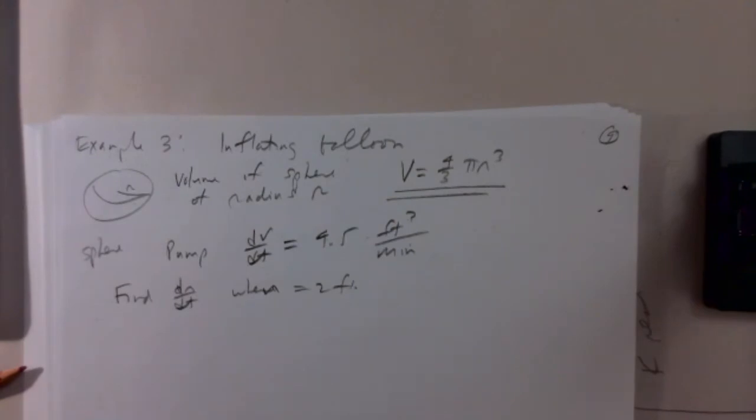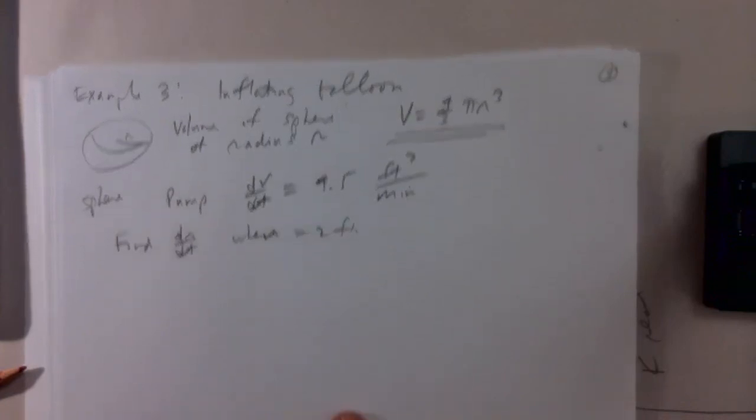As you're pumping in air at a constant rate, when the balloon is tiny, when you put in 4.5 cubic feet of air, it increases the volume and the radius a lot. When the balloon is huge and you put in another 4.5 cubic feet of air, the radius increases, but only by a little bit. So dr/dt isn't constant, dr/dt is changing. You would expect it to be a decreasing function, getting smaller with time.